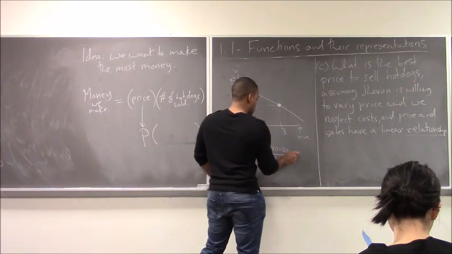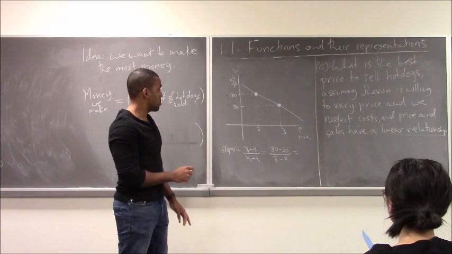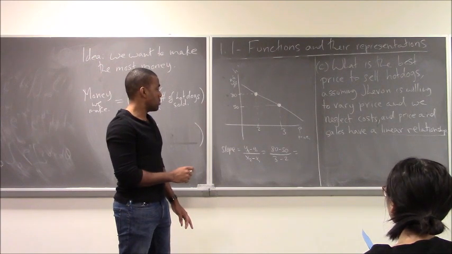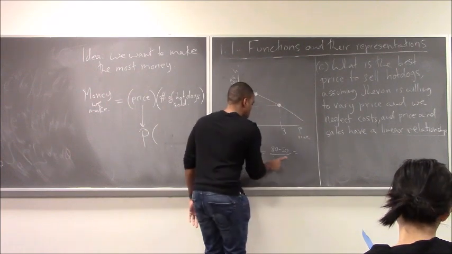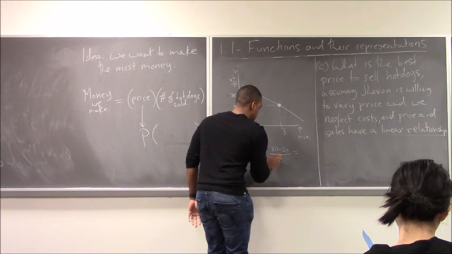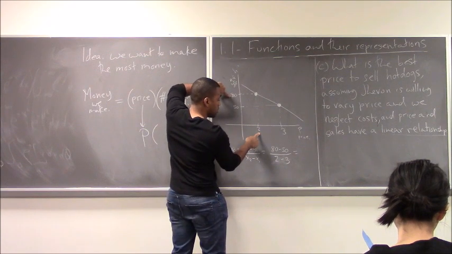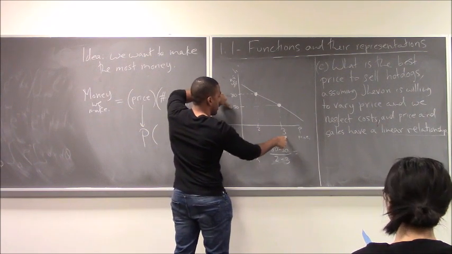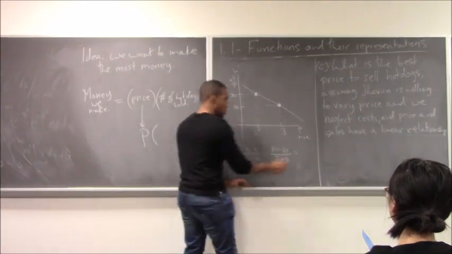So that would be what? Would it be 2 minus 2? 2 minus 3, yes. We started with 80. I'm starting with this coordinate. So the 80 goes with 2, and then that. And so what would that be? 30.